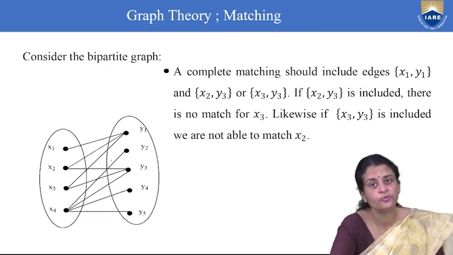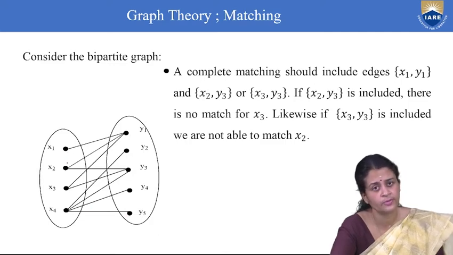Then x2 is matched to y1 and y3, so we can have x2, y3 or x3, y3. Why? Because x3 is also paired to y1 and y3. And x4 we can take to y5. No problem.